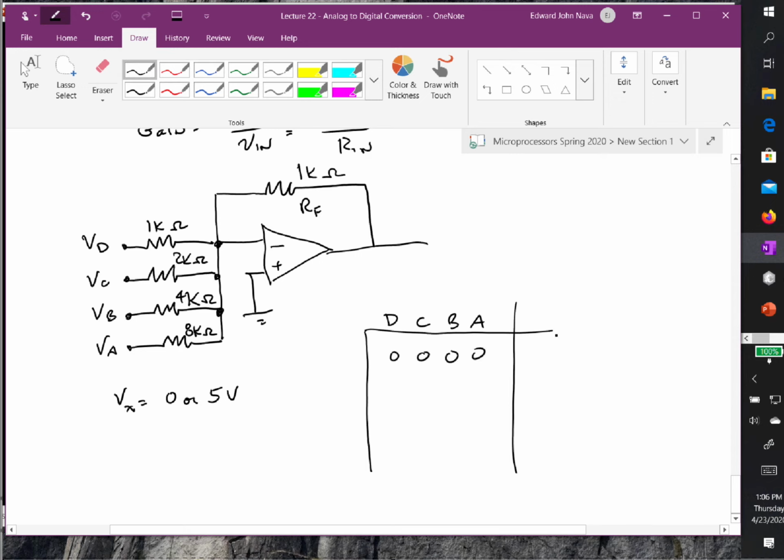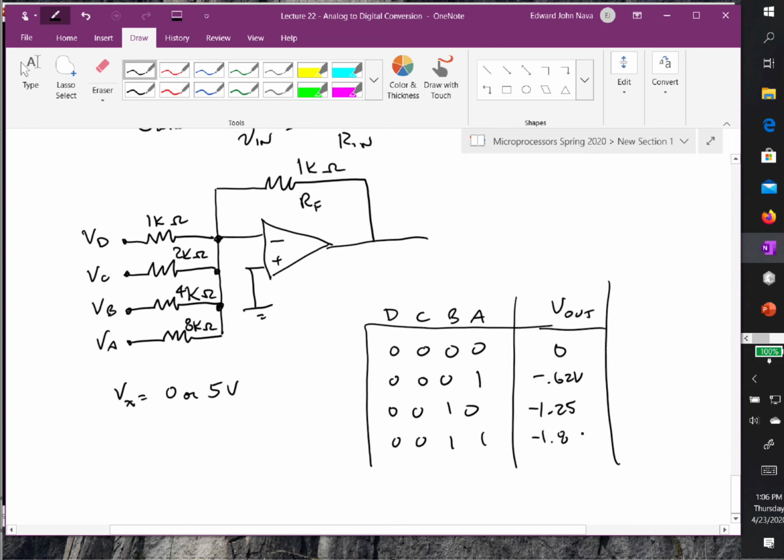And now here's my V out. So this is 0. And this is minus 0.625, then 0, 0, 1, 0 gives minus 1.25, minus 1.875, and so on.